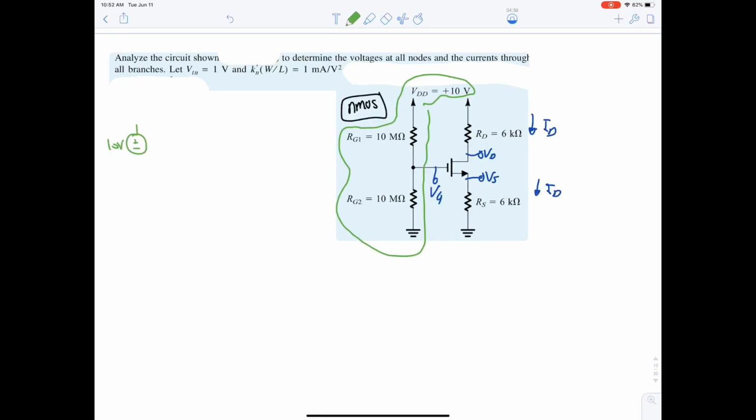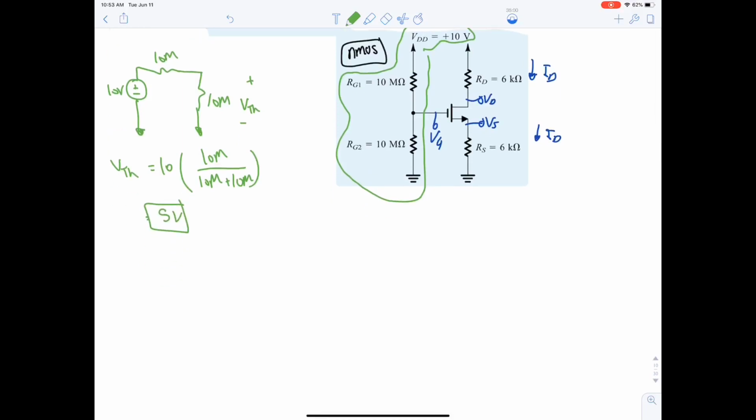10 volt, 10 mega, and 10 mega. Okay, V Thevenin, let's call it. So V Thevenin is 10 multiplied by 10 mega over 10 mega plus 10 mega, which is equal to 5 volt. R Thevenin is 10 mega parallel with 10 mega, equal to 5 mega ohm.